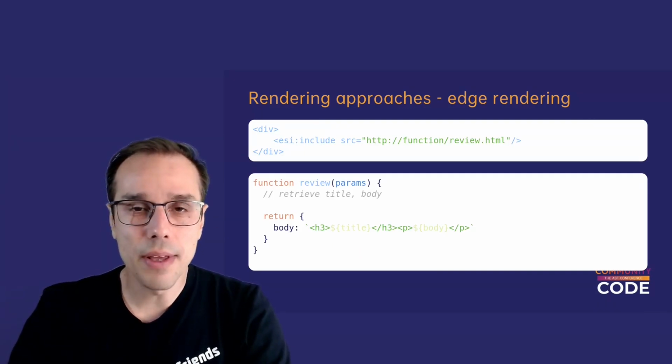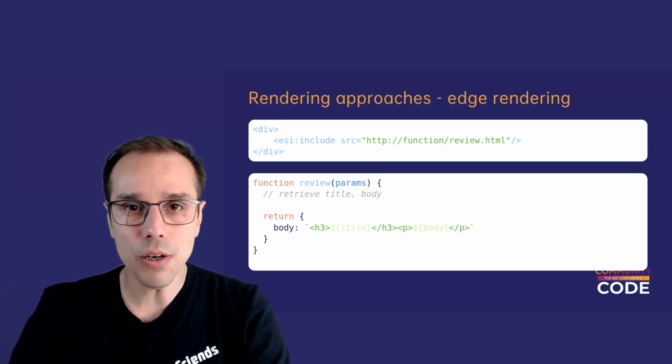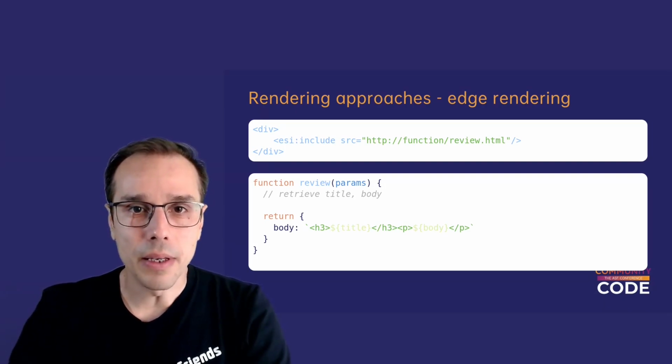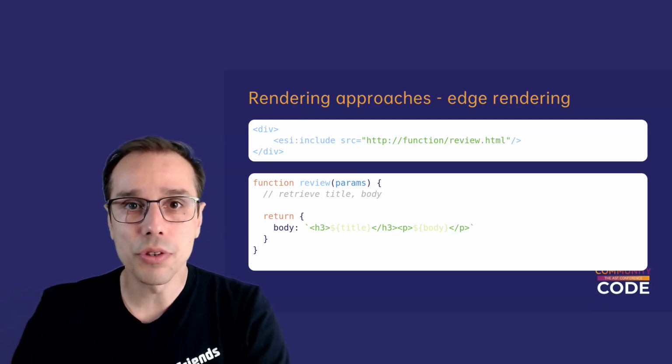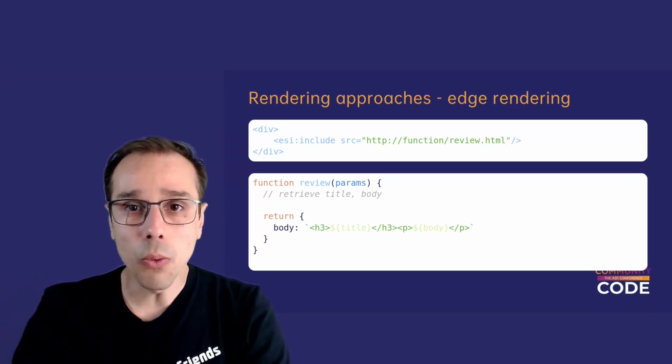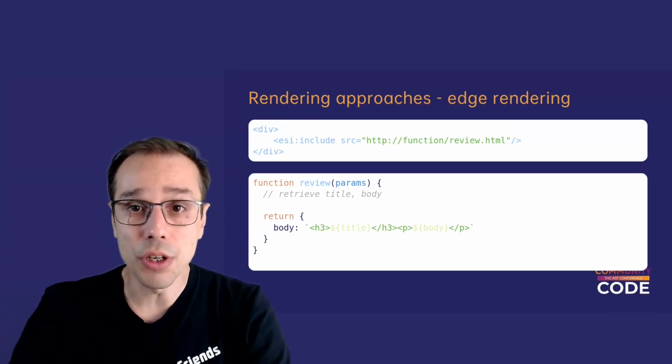And the way this usually happens is that you have special instructions. In this case, the first code snippet shows an edge side include instruction, which gets interpreted by the CDN. We have the div, which is going to be our review div, and we tell it, just go and call this function endpoint, which is usually invoked via HTTP, and include it.